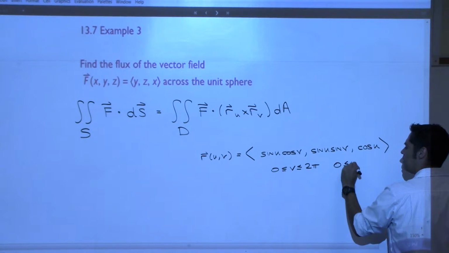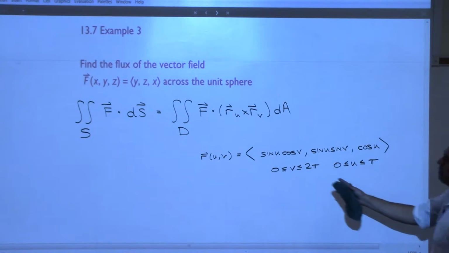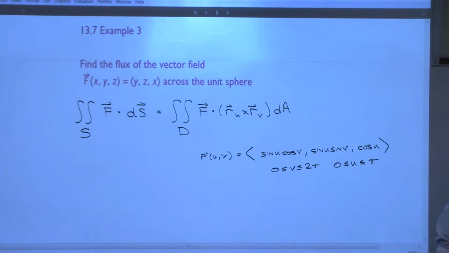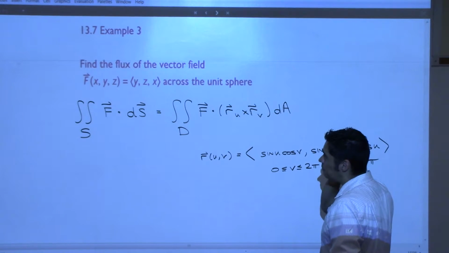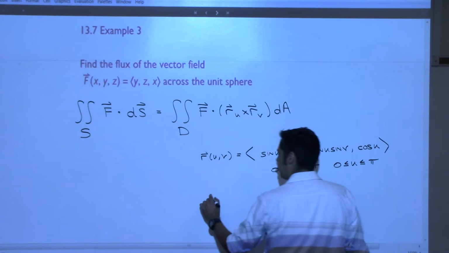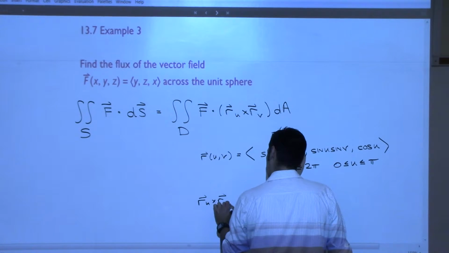So everyone is okay with that? All right, we did the cross product earlier. We did the magnitude of it, but this time we don't need the magnitude. So what is the cross product of those two? Okay, hold on.